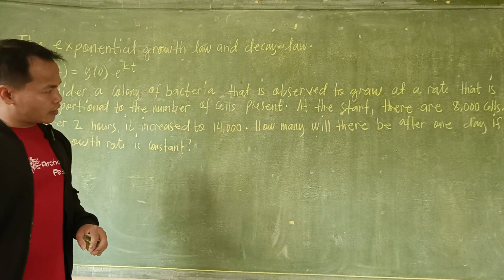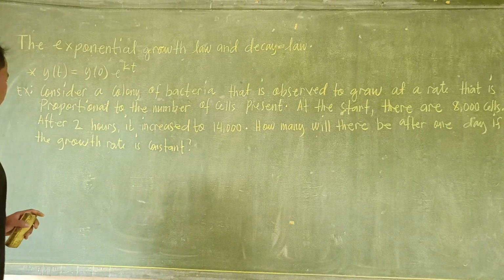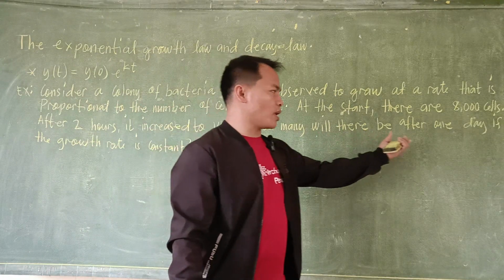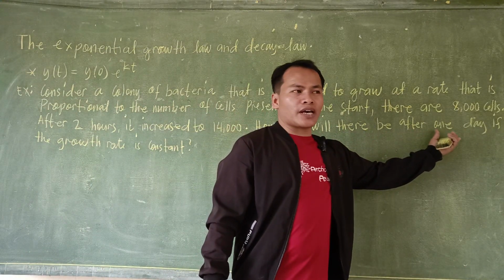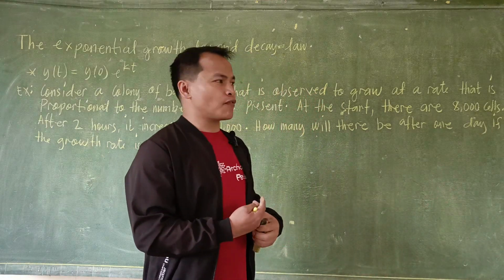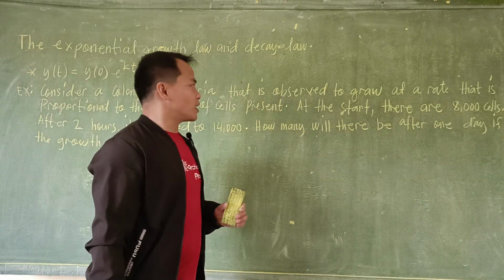So we are asked to find out how many there will be after 1 day if the growth rate is constant. After 1 day means 24 hours, because there are 24 hours in 1 day.